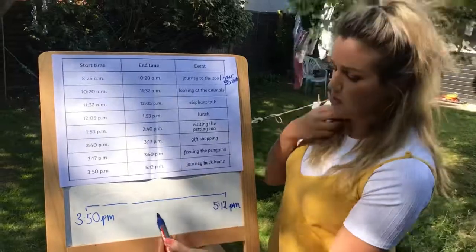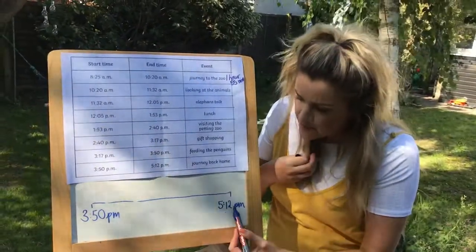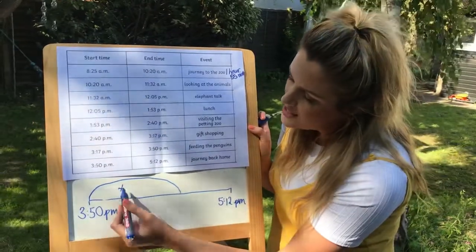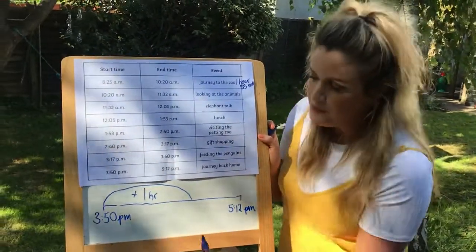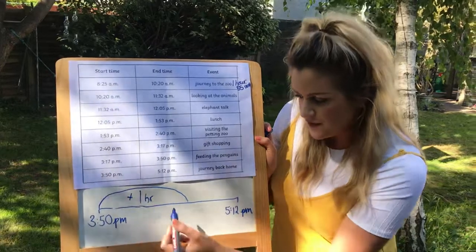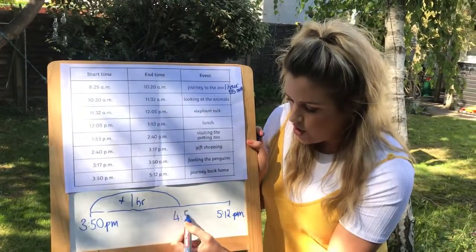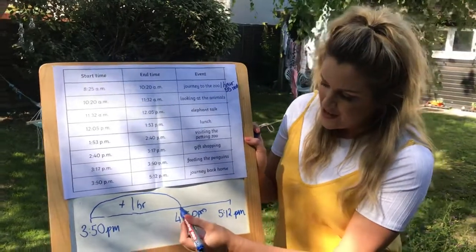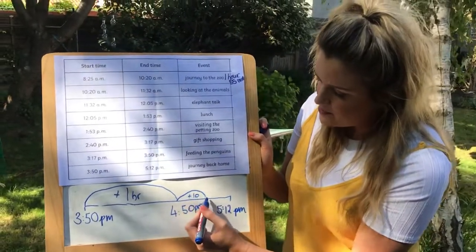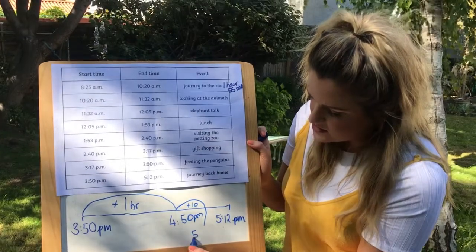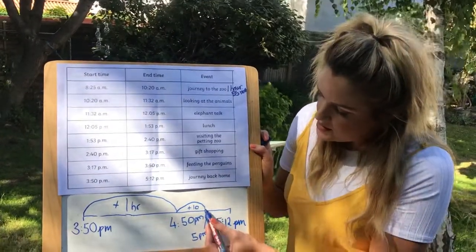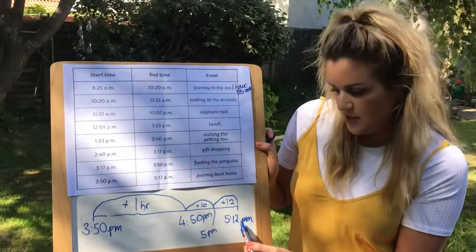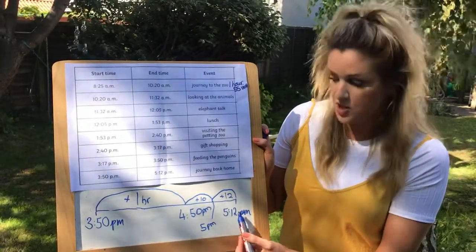So this time, because I know I've got to get to 5:12, I'm going to add a whole hour, and that takes me from 3:50 to 4:50 p.m. and then I'm going to add 10 minutes, gotta keep it neat, to get me to 5 p.m. and then 12 minutes to get me to 12 minutes past 5.